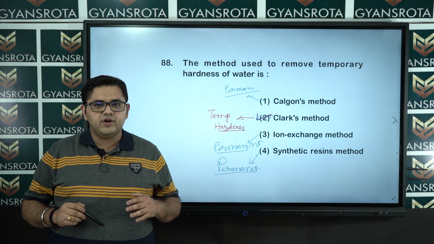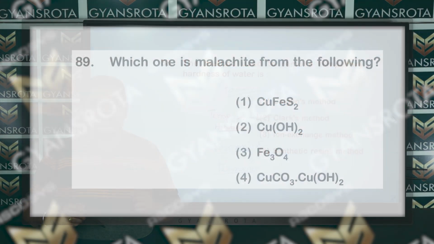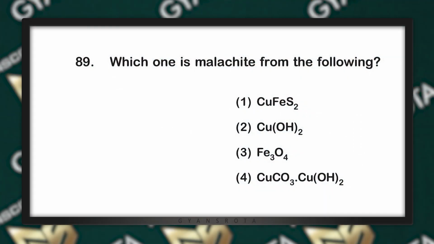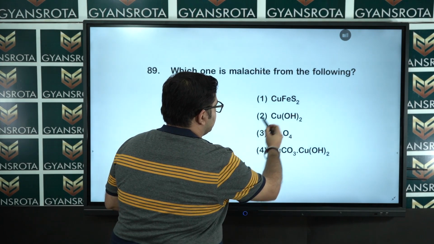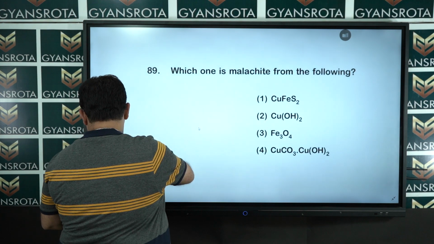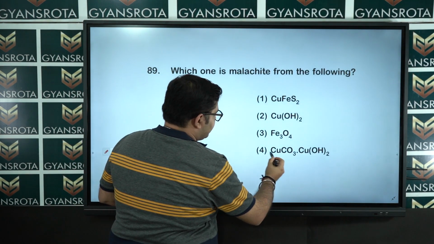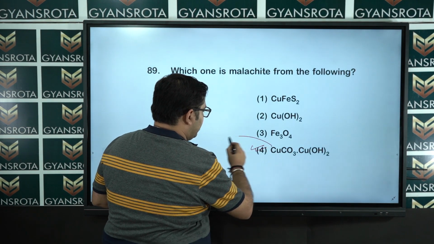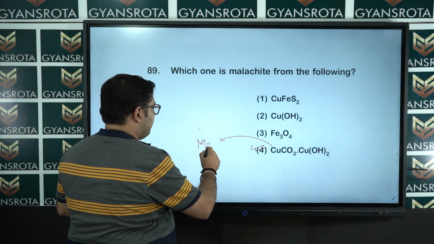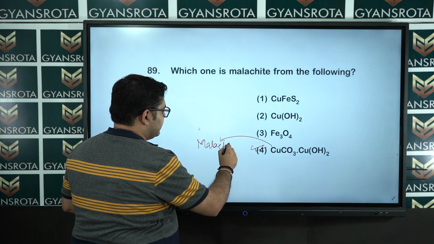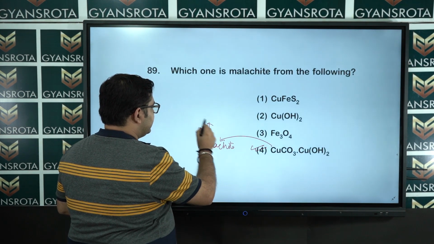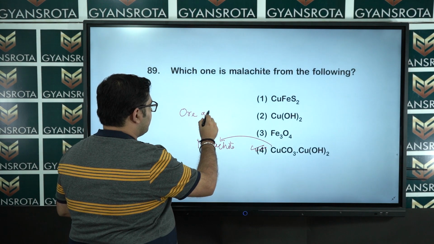Now we are moving to the next question, that is question number 89. Which one is malachite from the following? If you see the options, option number 4 is the general formula of malachite, and malachite is nothing but the ore of copper.